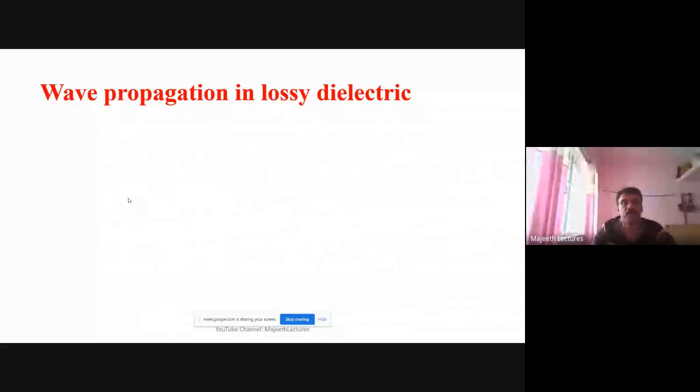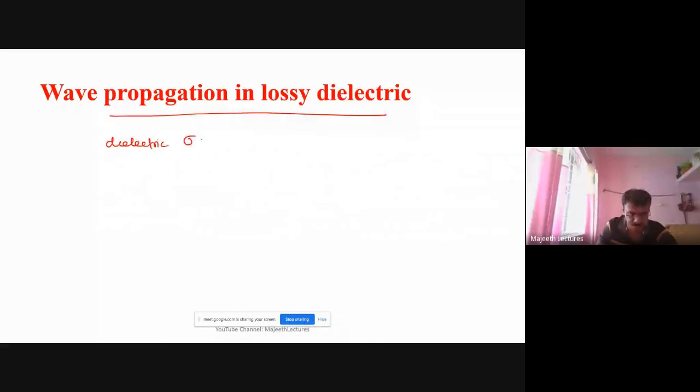So we know what is dielectric, right? A good dielectric is one which has conductivity 0. It won't conduct, it acts as an approximate insulator.